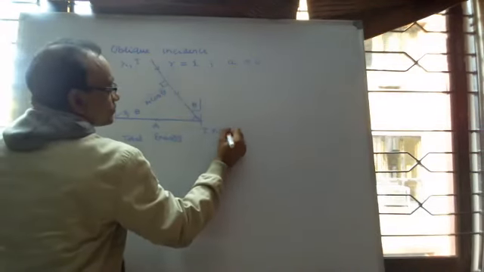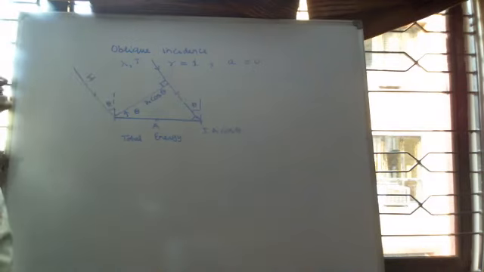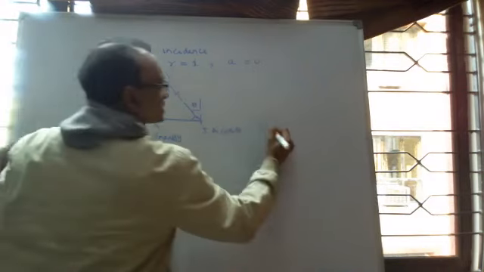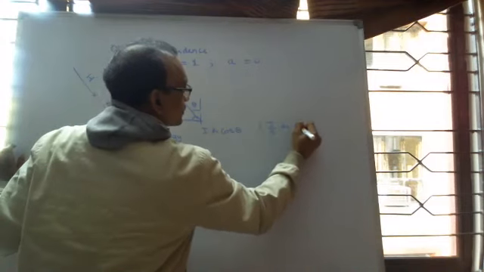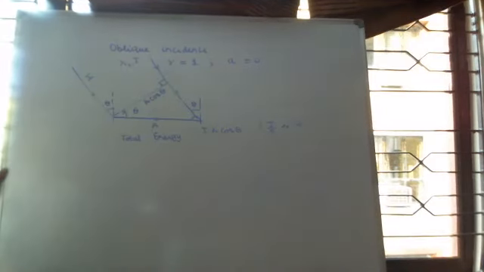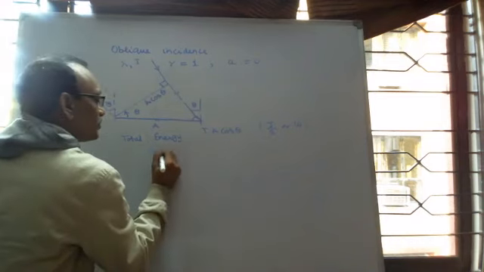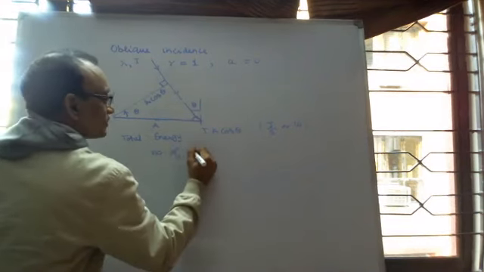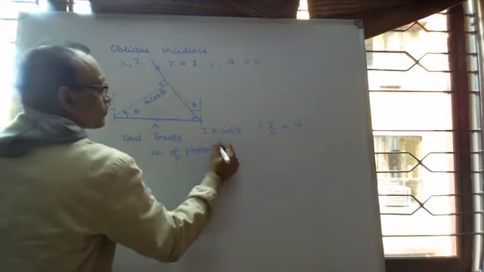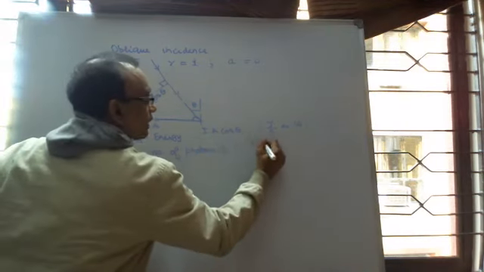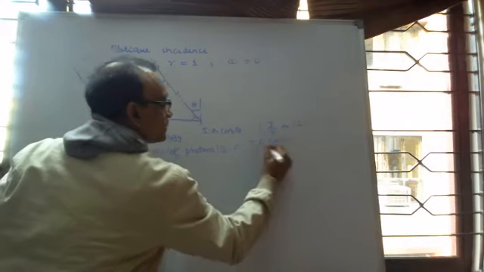IA cos theta is the energy falling per second, in joules per second or watts. How many photons will be in this? Like before, the number of photons per second. Per second how much will it be? IA cos theta by HC by lambda.